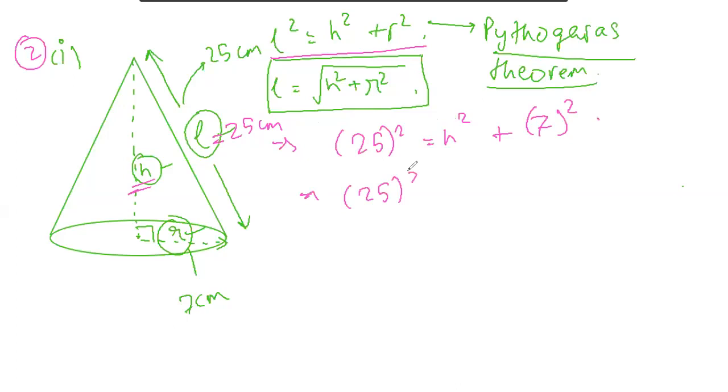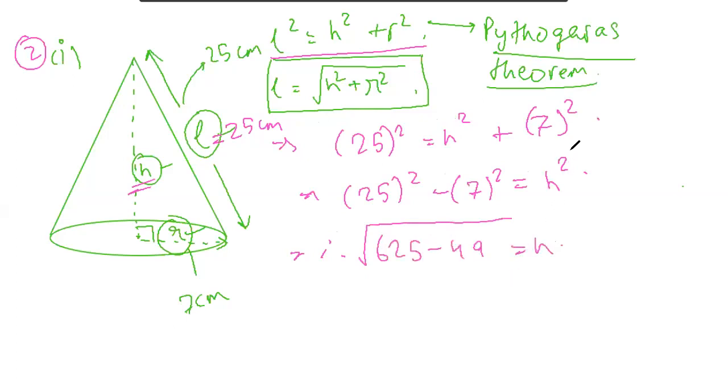Therefore 25 whole square minus 7 whole square is equal to h square. Therefore root 625 minus 49 is equal to h. Why? Because this square came to the LHS, and 25 whole square became 625, because 25 into 25 is 625, and 7 sevens are 49.